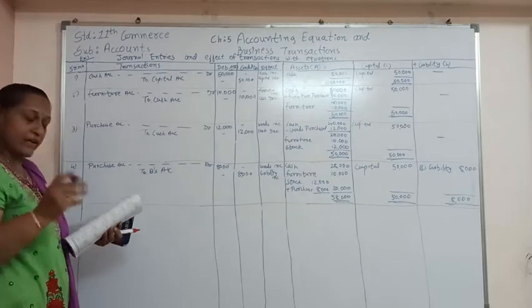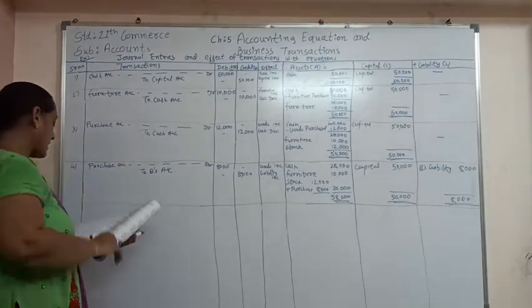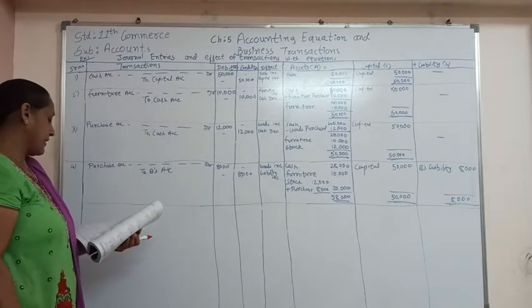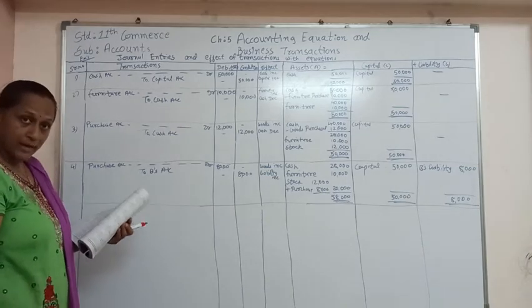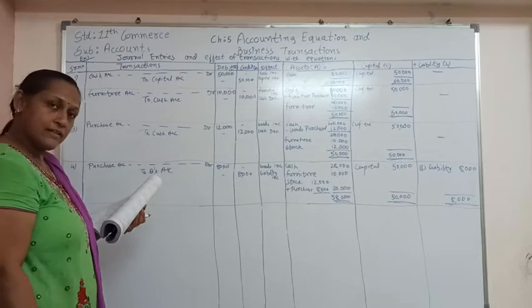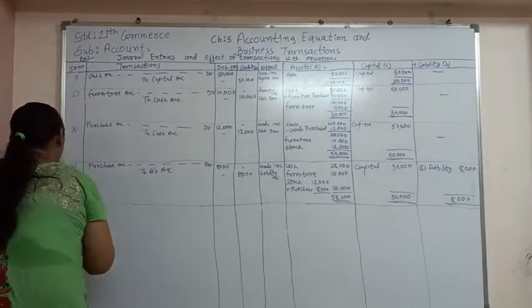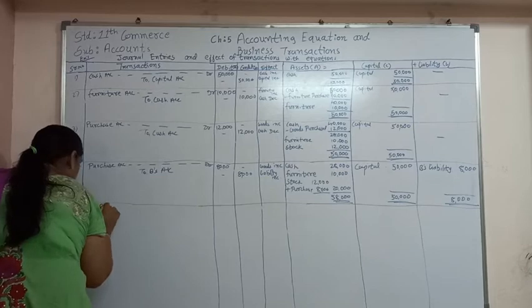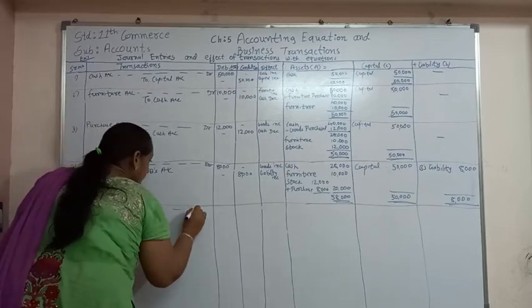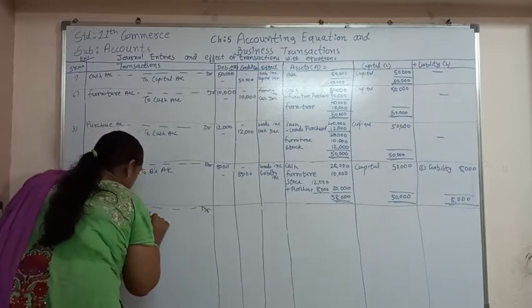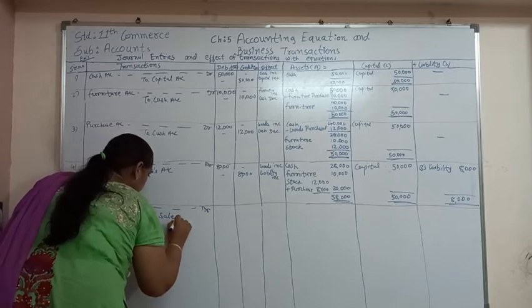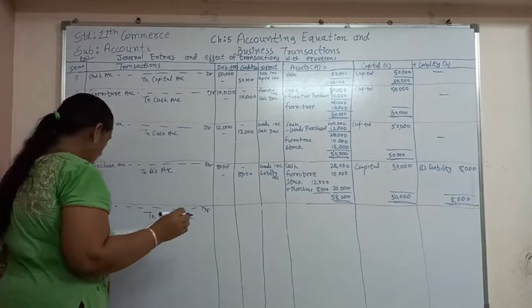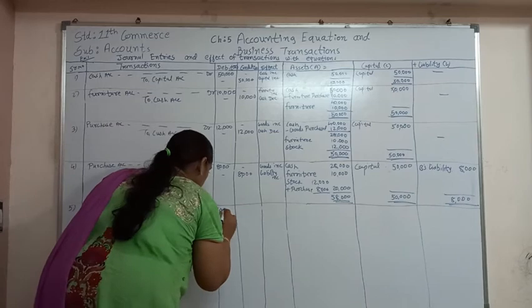So here three effects are going to be passed for this transaction, and the journal entry that we are going to pass will be cash account debit to sales, fifth transaction, and it is of rupees 10,000.